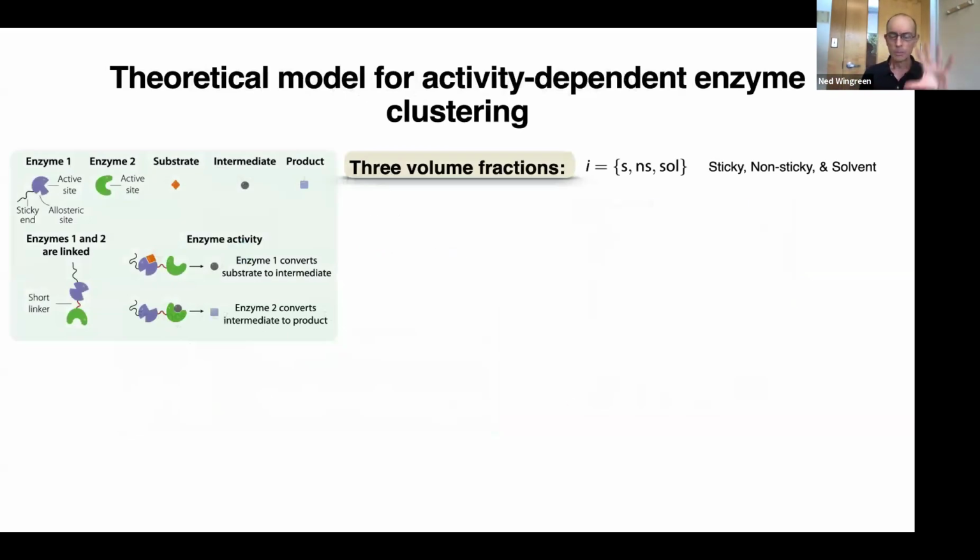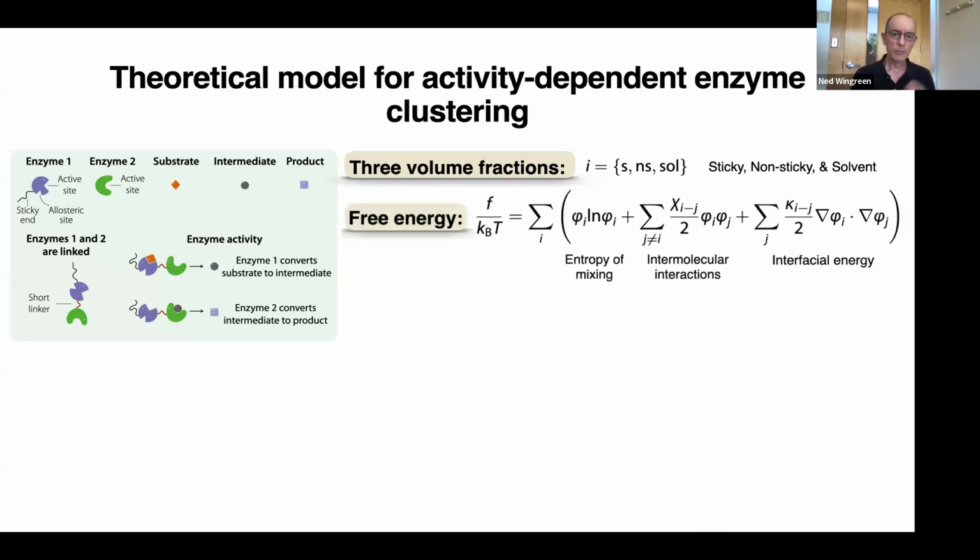Okay, so time being limited, I'm going to skip very quickly through the theoretical model for that, but it's got the usual things that you would expect. It's got the enzyme densities, and the enzymes can either be sticky or non-sticky based on this allosteric regulation. So we have a free energy that's telling you how sticky enzymes like to phase separate.